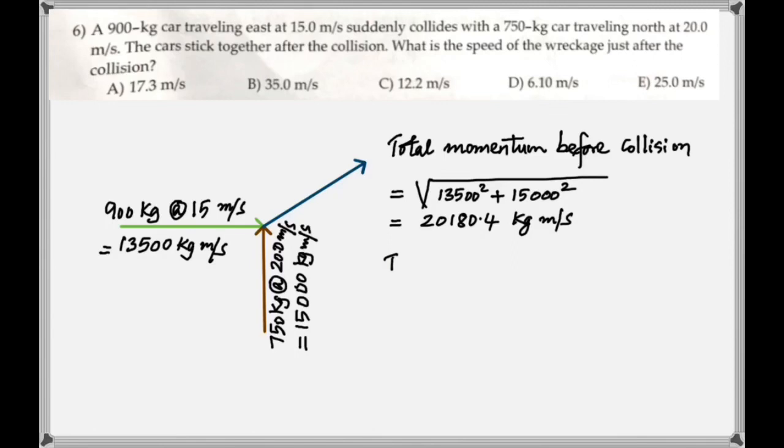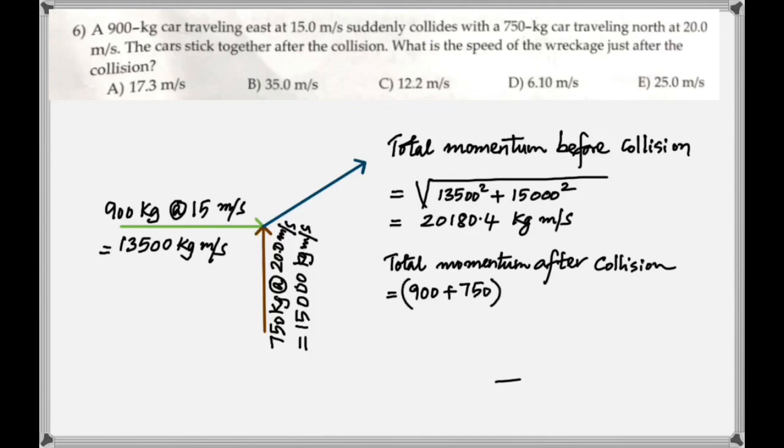So that's the total momentum before collision, and that must be the total momentum after collision. Now, what do we know after collision? We know that the cars are together, and so both are moving at the same velocity. So we add the masses and multiply it with the unknown velocity. So total momentum after collision is the sum of the masses, which is 900 plus 750 times the velocity which we are trying to find.